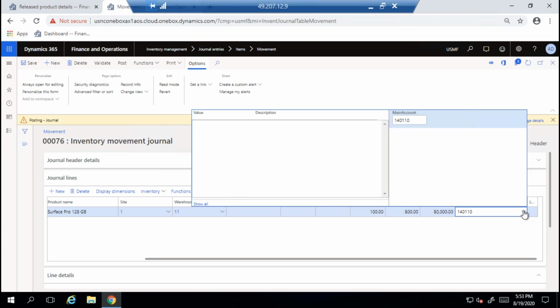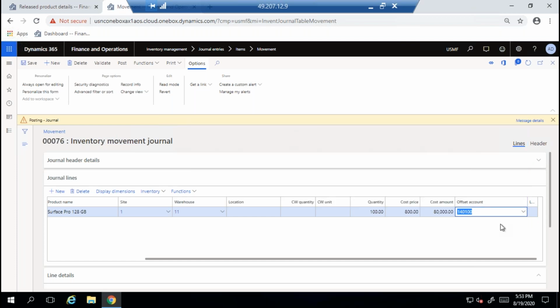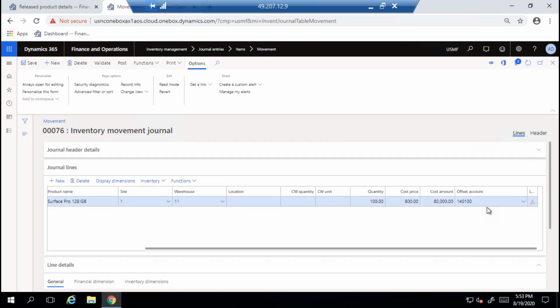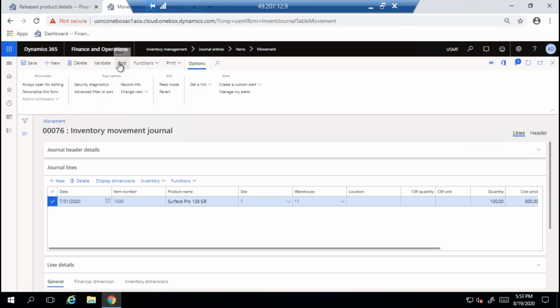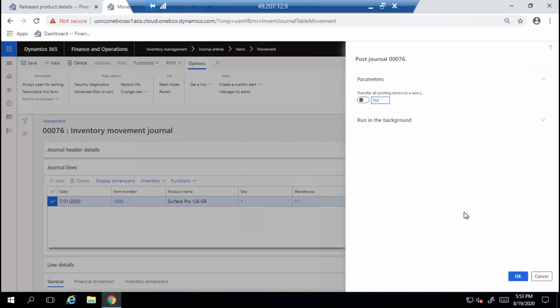So who will provide this number? The finance consultant will provide you what is the opening balance inventory account. You need to collect it from the finance consultant. This is the opening balance ledger account. So I'm selecting once again, I'm posting. Click OK.